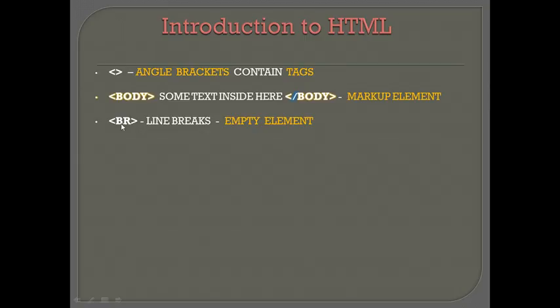This is called the opening tag, and here it is called the closing tag. The closing tag needs a slash preceding the tag, and the opening body tag doesn't need any slash. This opening tag and the closing tag together with the text between these tags is called the markup element.